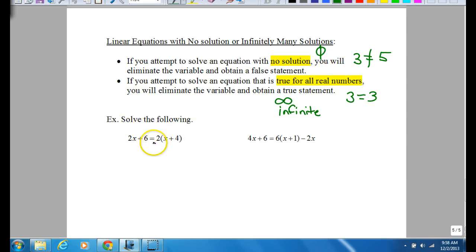If I want to solve this for x, what's the first thing I need to do here? Distribute the 2. So I'm going to do that. So this will be 2x plus 8 equals 2x plus 6.